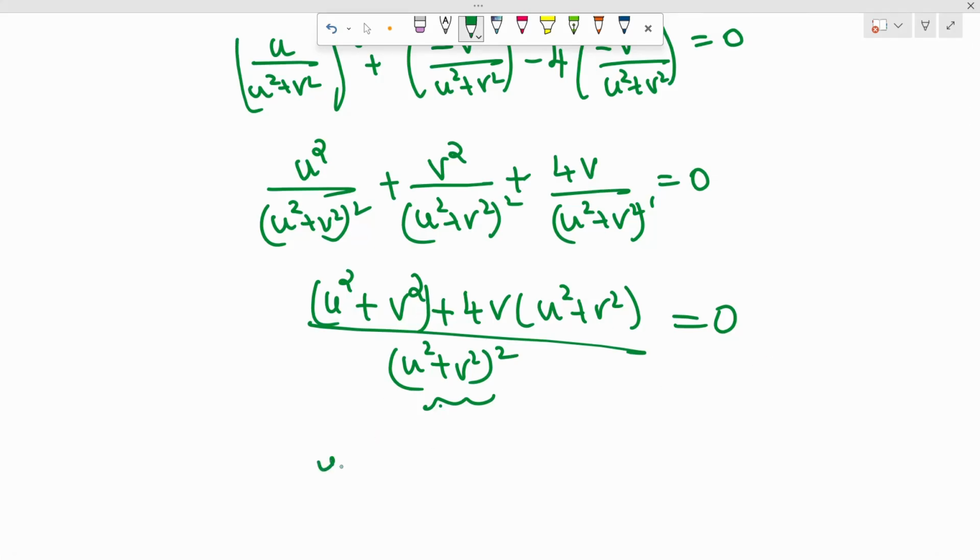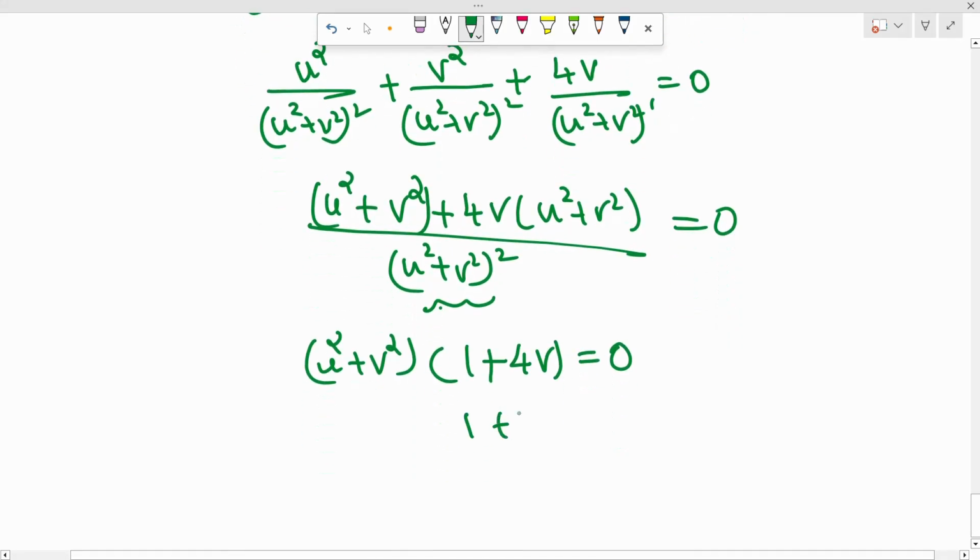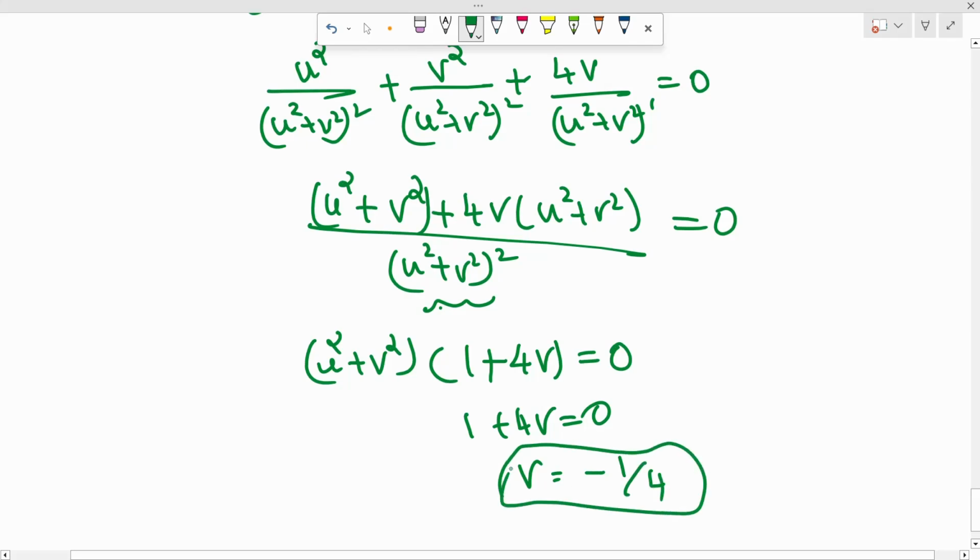From the numerator term, taking outside common, (u square plus v square) into (1 plus 4v) equal to 0. Now we can write 1 plus 4v equal to 0. Therefore, v is equal to minus 1 by 4, which is the required W plane value. Okay, now we can draw the diagram.